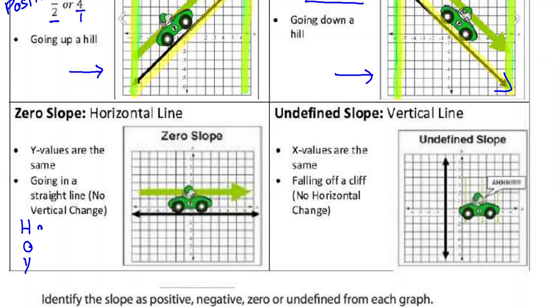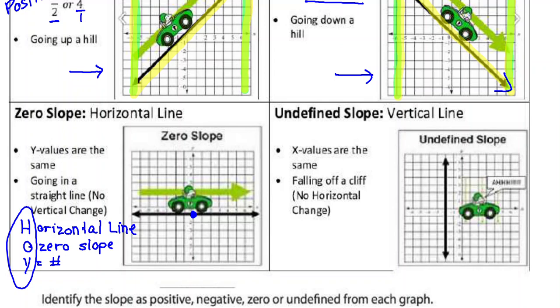It is a horizontal line with a zero slope and y equals a number because it cuts across the y-axis at whatever that intercept is. So when it has a horizontal line with a zero slope, we refer to it as a HOI.